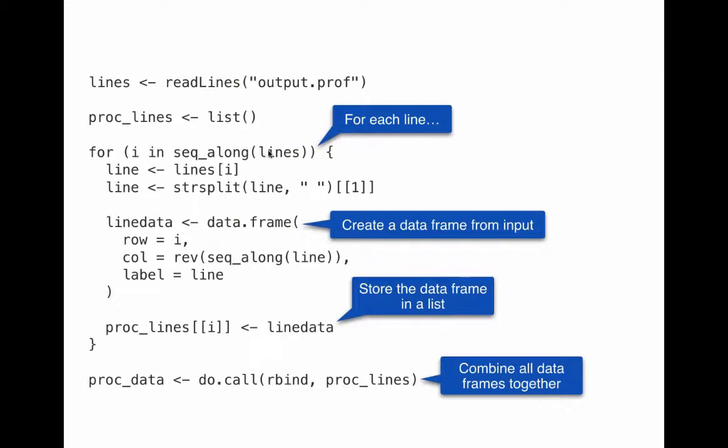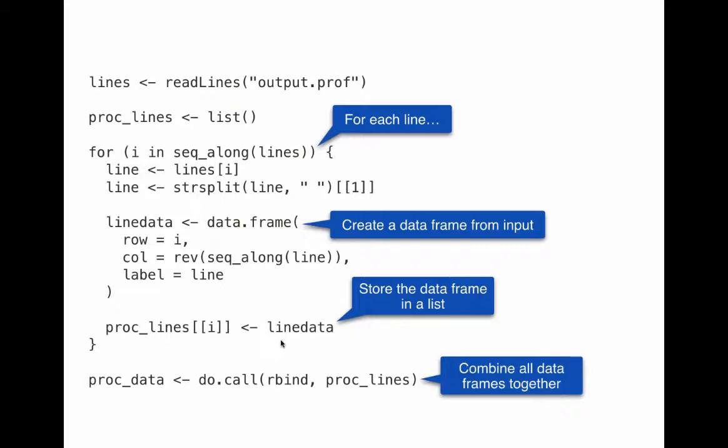And then for each line, we process the line of text. First we save the line in a variable, we split up the line on spaces, then we create a data frame from that, and then we store the data frame in the list. Then we just loop over it and keep doing this for each line. And then at the end, we combine all these data frames together by calling do.call and rbind.